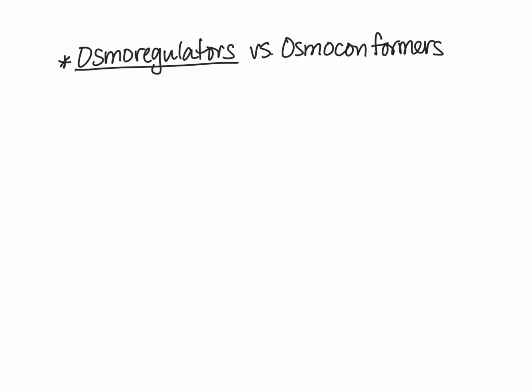So osmoregulators are able to live in a variety of environments. So some examples include things like mammals and reptiles and birds, and even some fishes.